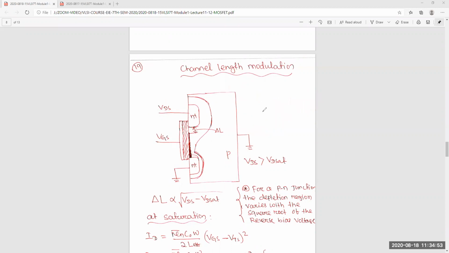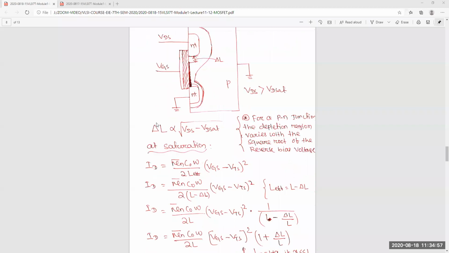Yes, sir. Fine. Now another thing is this del L. What is the time now? Another 10 minutes. Okay. This change of del L: you know that if there is a reverse bias junction, this is P, this is N. That change in L depends upon the square root of VDS minus VD sat.